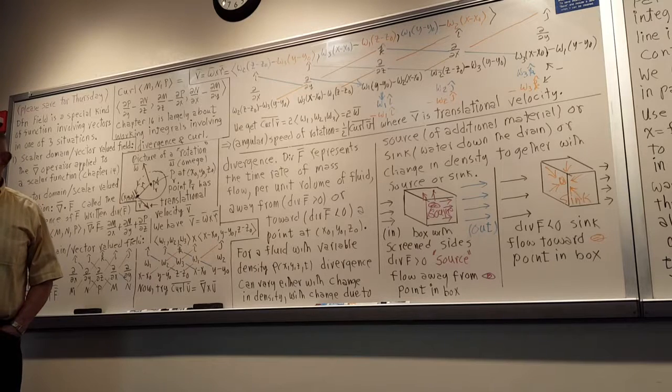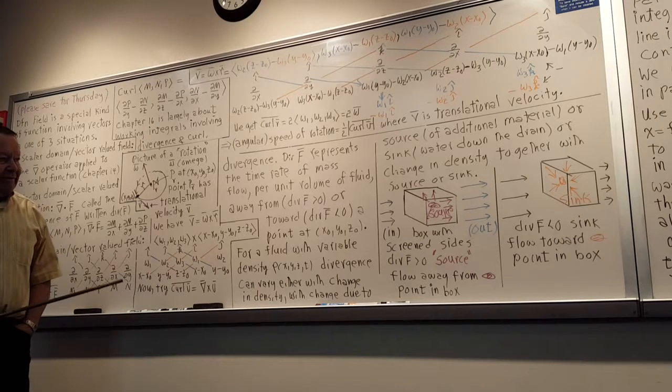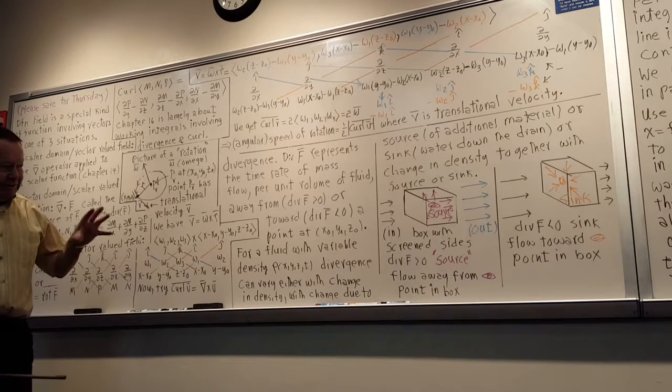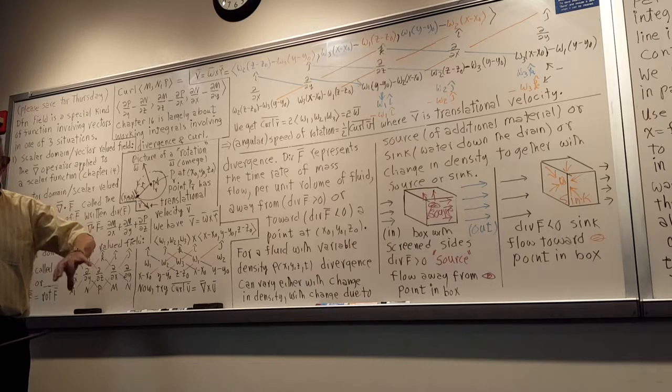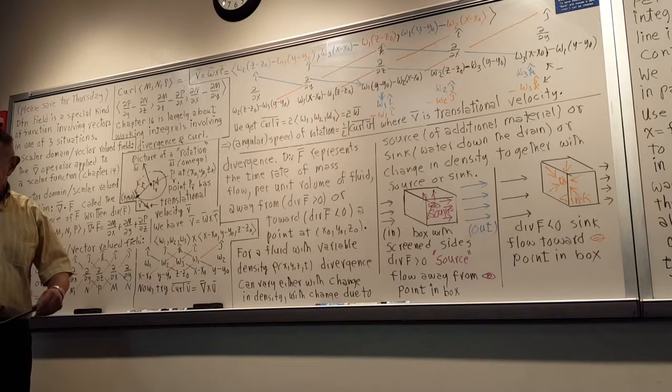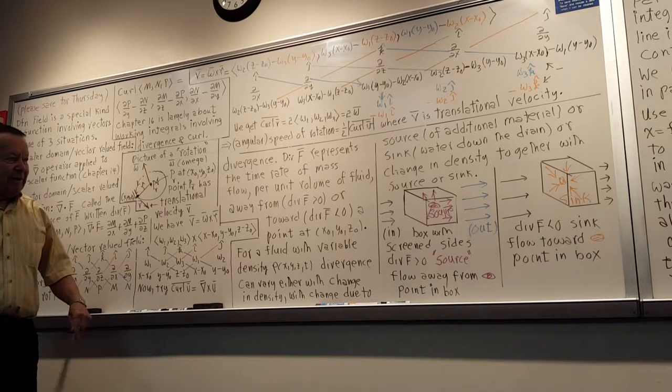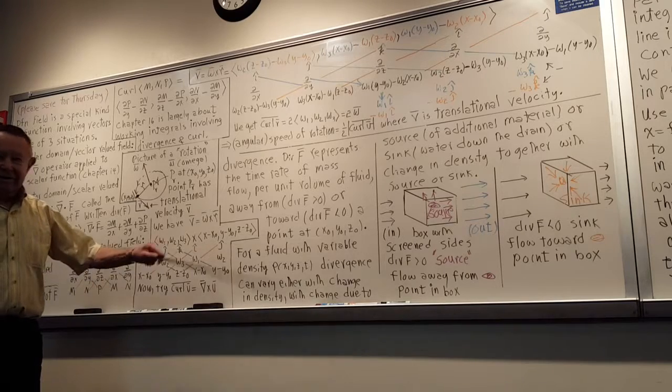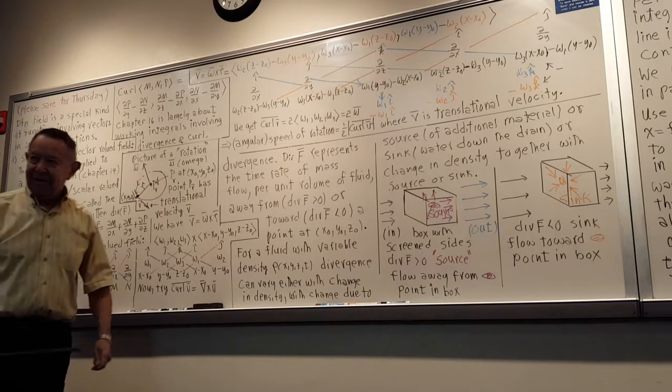You get into this if you're really doing hydrodynamics, but we don't have to worry about it for our purposes, which is to understand the basic idea of what divergence is. So it's probably easier to just think in terms of something like water.